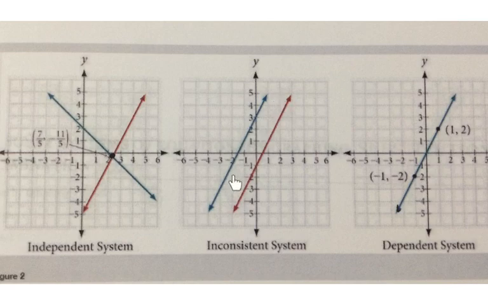Inconsistent means there was no solution. And if it's the exact same line, we call that a dependent system of equations. So three new vocabulary words, and they will ask you those on the homework. You can always go back to this page and reference it to know which is which: independent, inconsistent, and dependent.